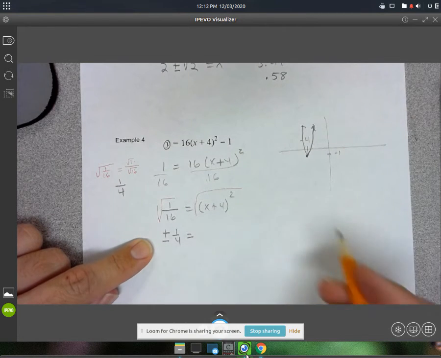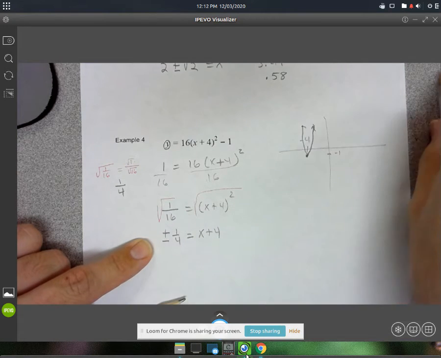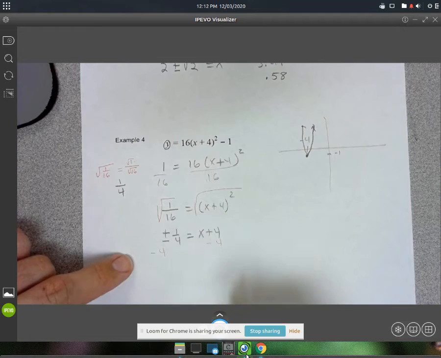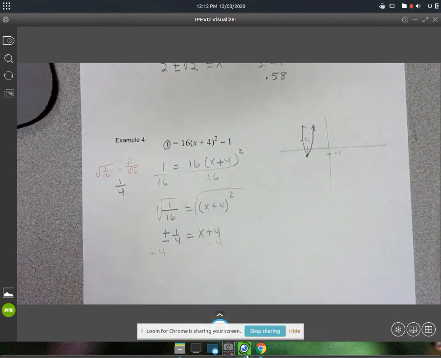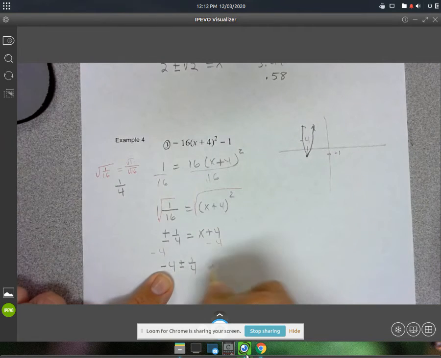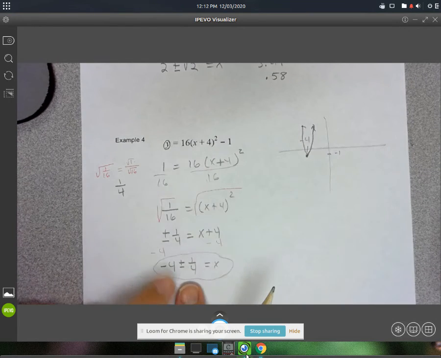Equals, of course, the squares and the square roots cancel each other. Okay, minus 4. Minus 4. And see here, there's no square roots, so we actually can combine these this time. So I'm just going to leave it as -4 plus or minus 1/4 equals x. So these are our two answers here, the plus version and minus version.